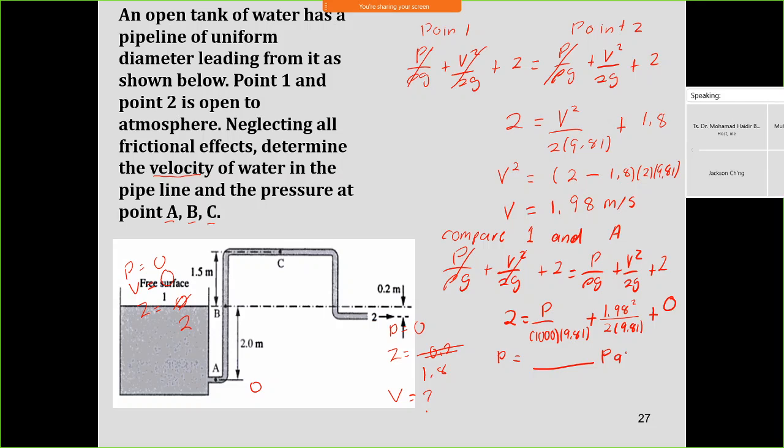I think you can calculate the value by yourself. Then there is point B and point C.